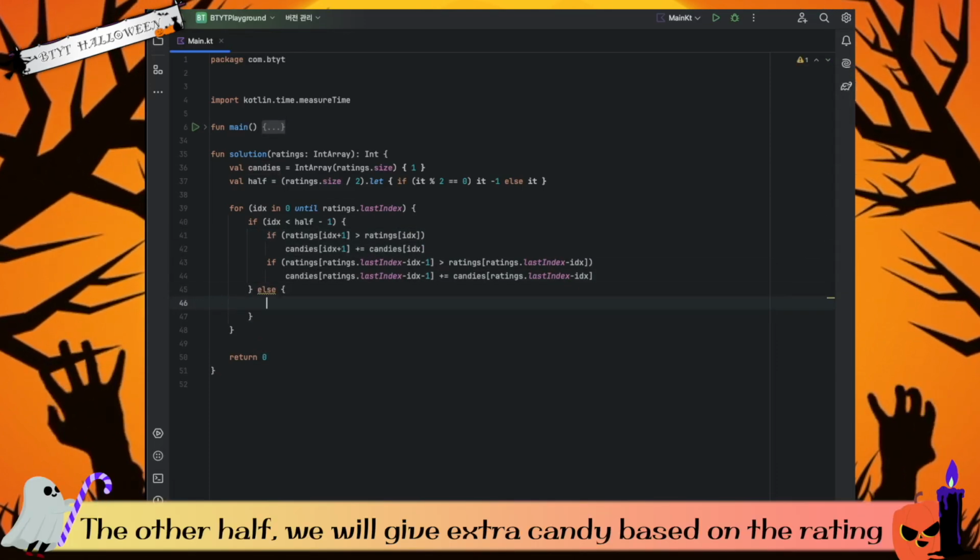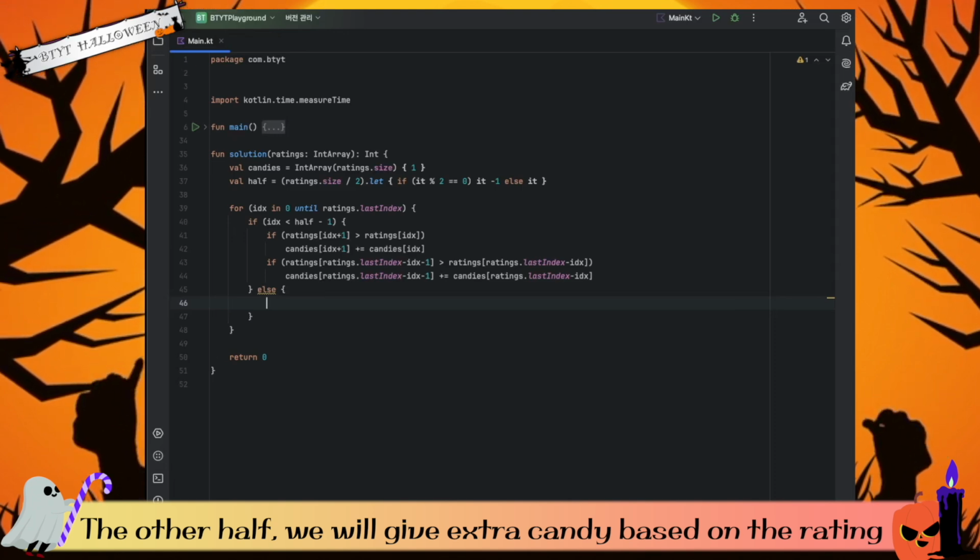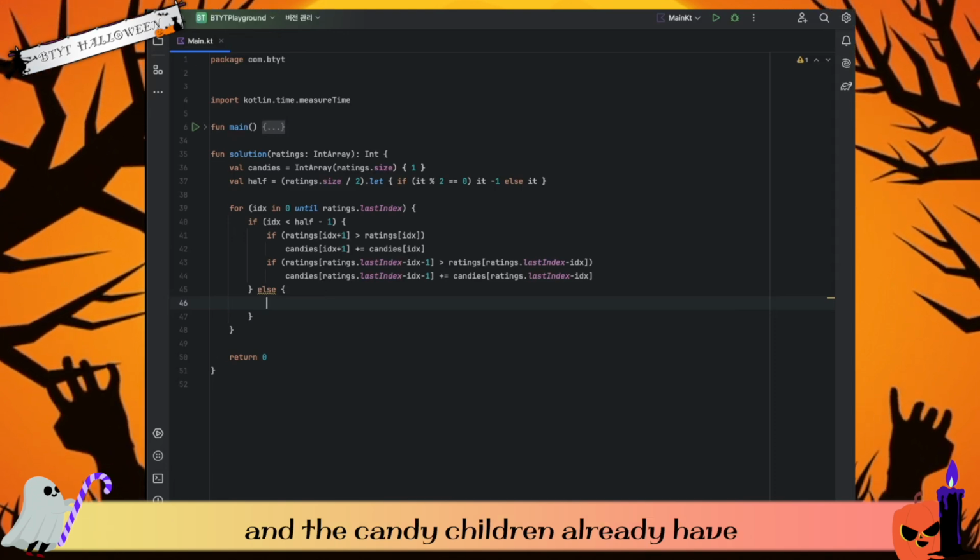The other half, we will give extra candy based on the rating and the candy children already have.